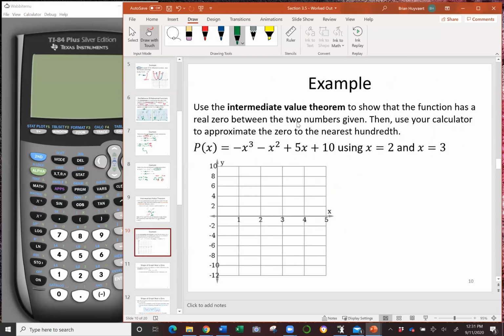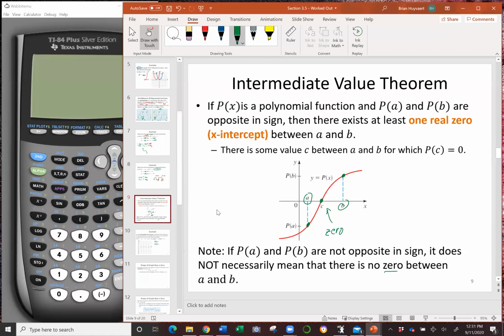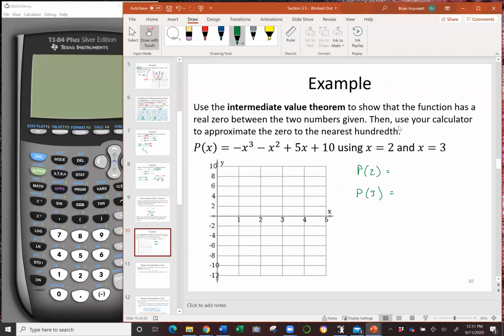Okay, so let's use that intermediate value theorem. Let's try to figure out, okay, what is p of 2 and p of 3? And what we're hoping is that one of these is positive and one of them is negative, just like in our drawing here, so that we can conclude there's a 0 in between them. So we can just plug in 2 and 3, right?